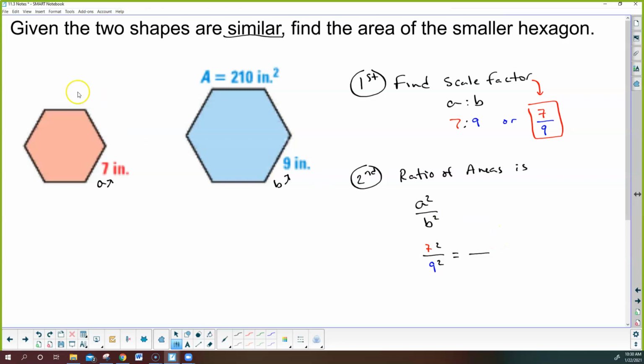Right? So what I'm going to do then is I need to find the small area, but I know the large one. So I'm going to put an A here, and this is a capital A, and this is the area of the small shape over the area of the large shape.